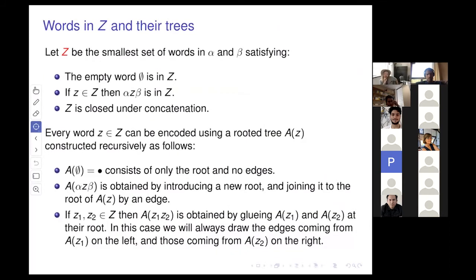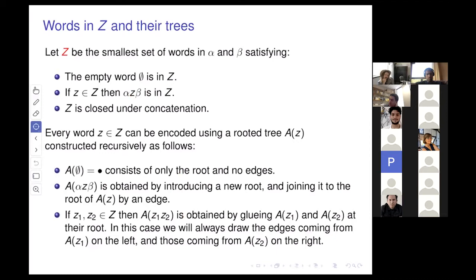Okay, so maybe we could start from scratch now and explain just some of the classical combinatorics that comes into this Kazhdan-Lusztig or Euler obstruction. This is going to be basically, for now, independent of what I was talking about earlier. I should fix an alphabet with 2 letters, and then I'm going to consider a subset of the words, which is special. It is obtained recursively as follows. It contains the empty word.